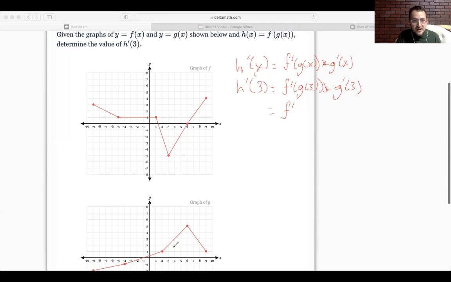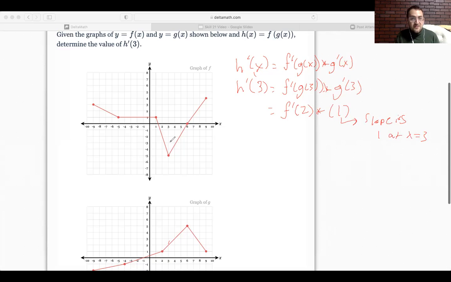I'm going to go to the graph of g at 3, and that's going to get me to 2. And then the g prime at 3, the slope is 1. I'm just making a note here. Slope is 1 at x equals 3.